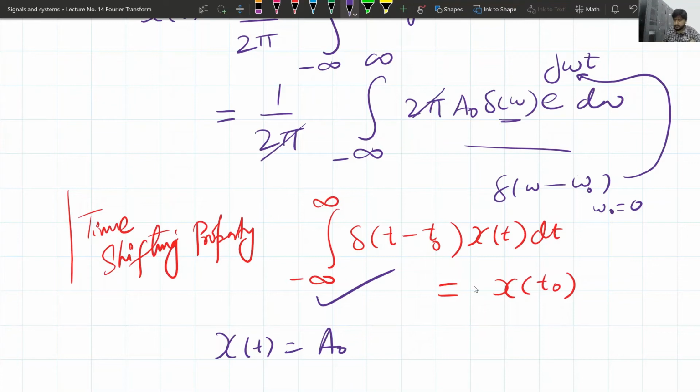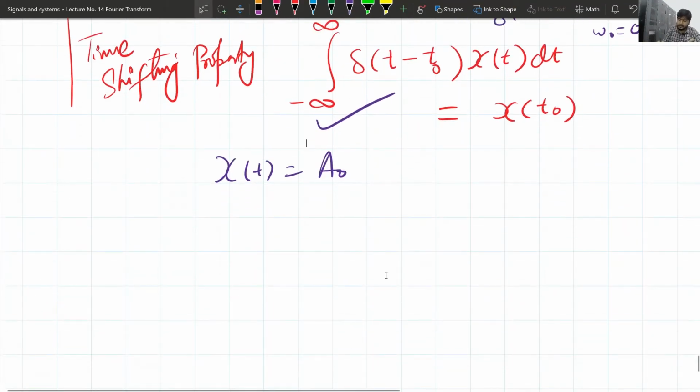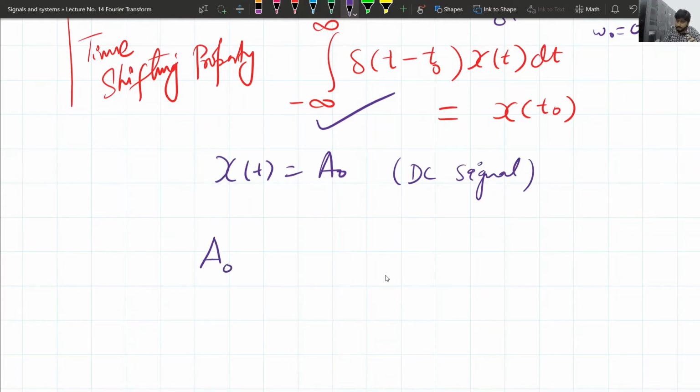Then the answer will be simply A naught. Hence we can say that A naught is nothing but the constant DC signal. Hence we can say for any DC signal whose magnitude is A naught, its Fourier transform is 2 pi A naught del omega.